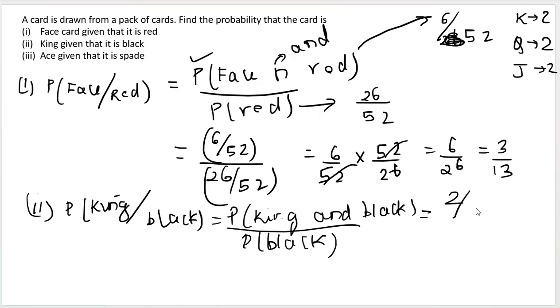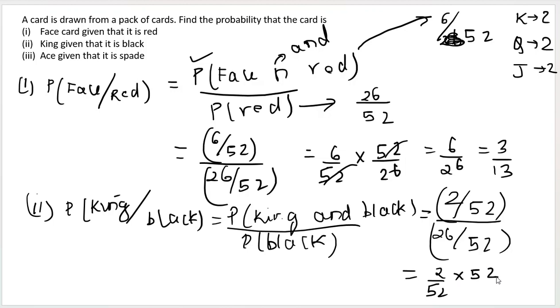So for the top part we get 2 upon 52, and the bottom part we get 26 upon 52, for a simple reason that black cards are 26 in number. So these are the favorable cards. Total cards are 52. Over here, king and black are only 2, out of a total of 52. The second fraction becomes reciprocal. You get the answer as 2 upon 26.